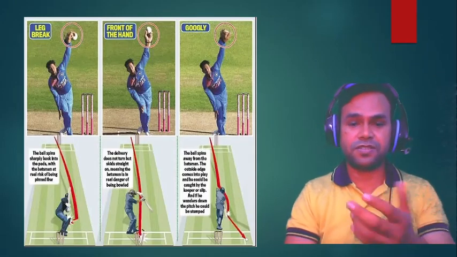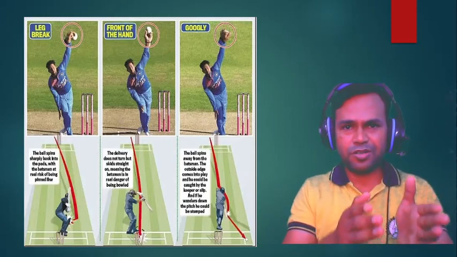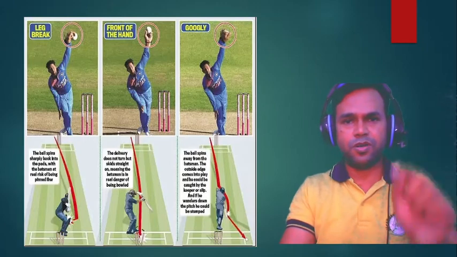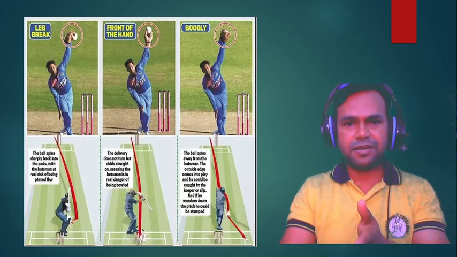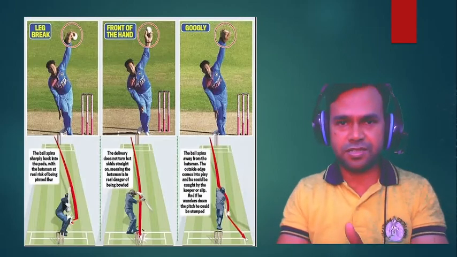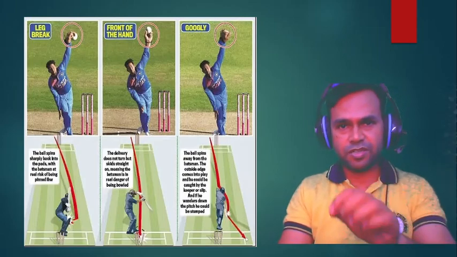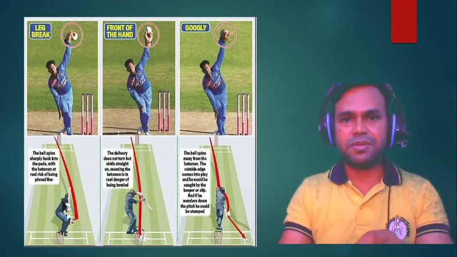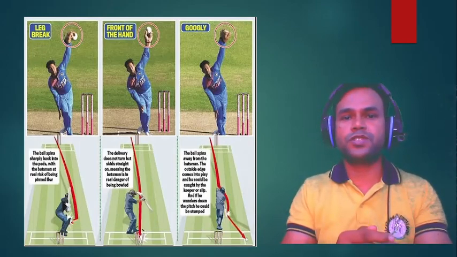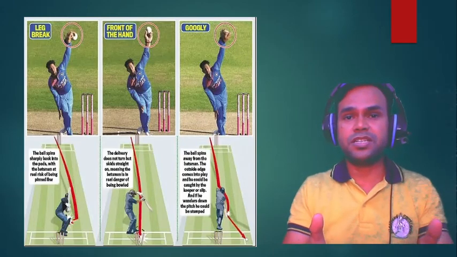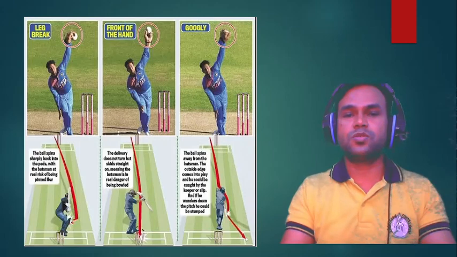When we talk about the bounces on the ground, the first one is the normal leg break: the ball bounces on the leg stump, then moves to the off stump. But in the googly, the ball bounces toward the leg stump, but after bouncing it does not go to the off stump side; it moves in the opposite direction. This is beyond expectation, which is known as a googly.